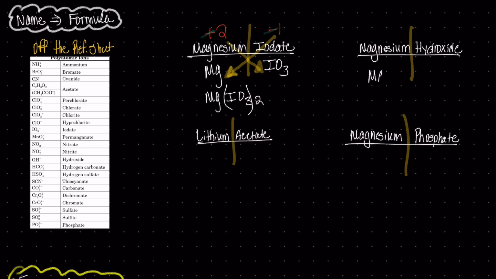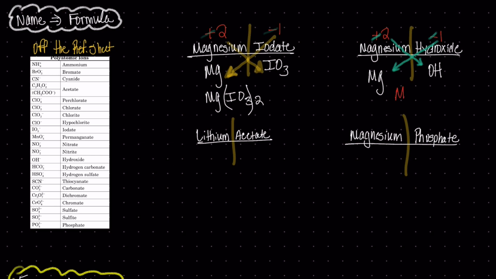So we got Mg for magnesium. I know magnesium to have a +2 oxidation state. I know from my polyatomic list that hydroxide is OH with a -1 oxidation state. I drop those charges and swap those numbers.